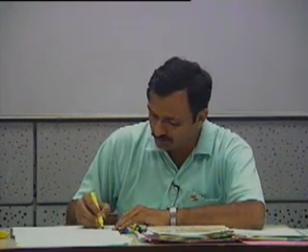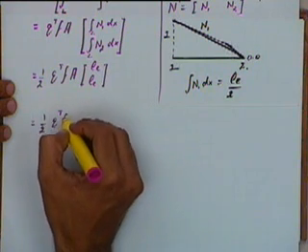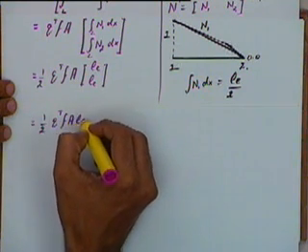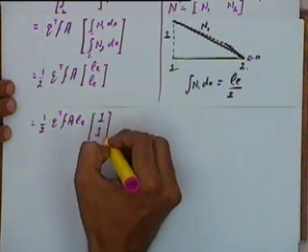So this is going to be equal to half of Q transpose F A L E multiplied by 1 1.